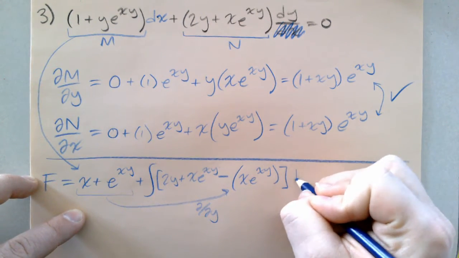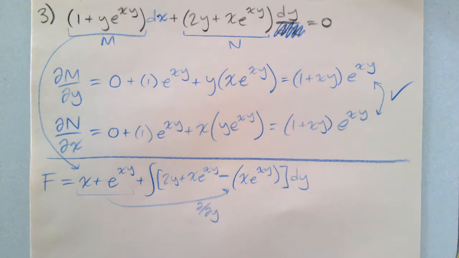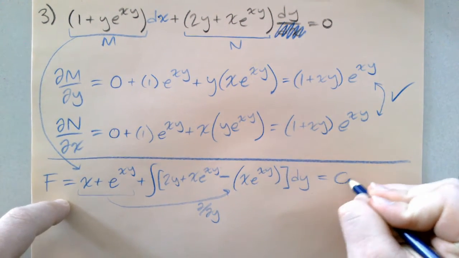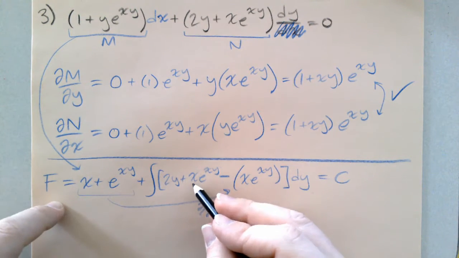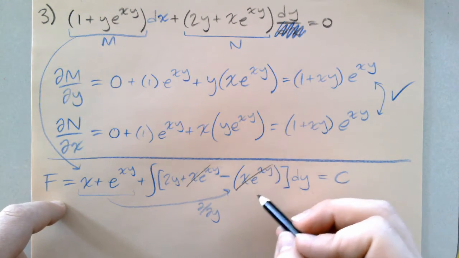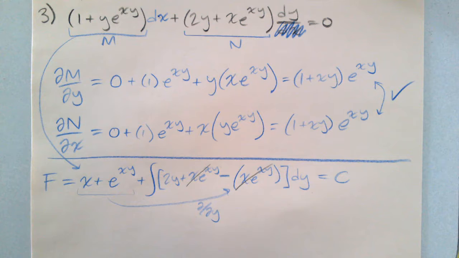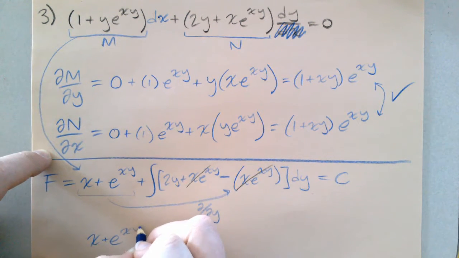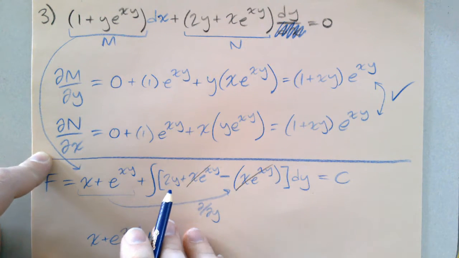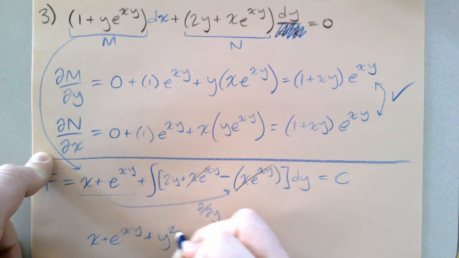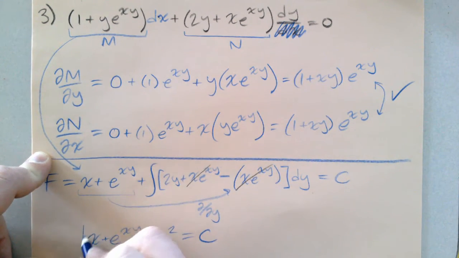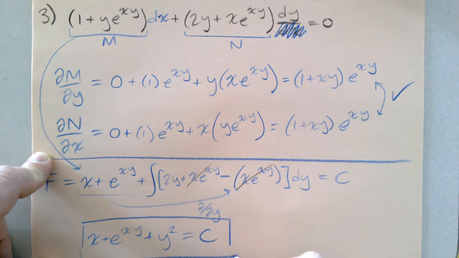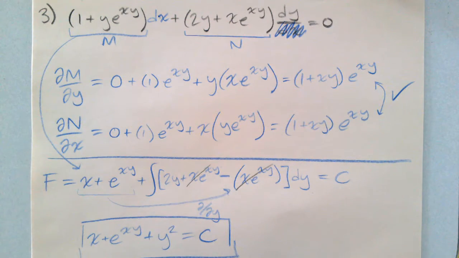So all of that integrated with respect to y. And once again, we have a little bit of simplification where we see in the integral, we have x e to the xy, and also it's subtracted. So this will simplify a little more, where we'll have x plus e to the xy plus the integral of 2y, which is y squared. We can set that equal to C, and there we have our solution to this exact equation.